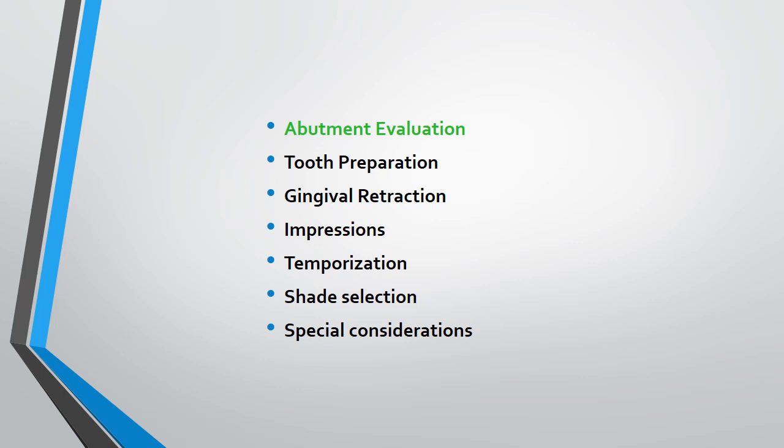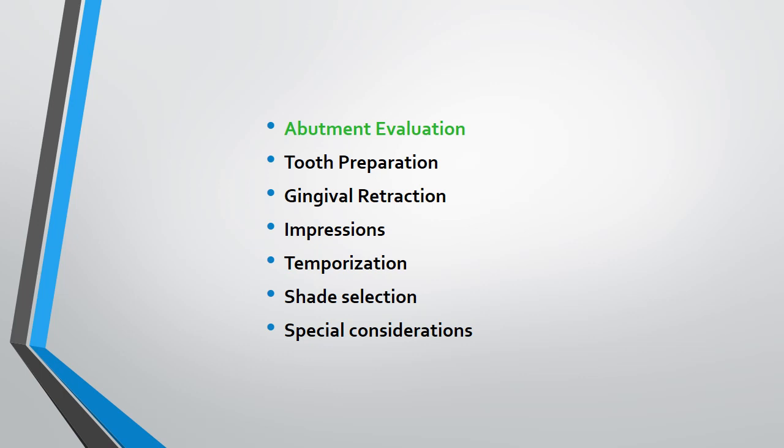Any extracorporeal restoration, that includes either a simple inlay, onlay or crown, or a complex full mouth rehabilitation, needs to follow certain procedures in a sequential manner. That includes the case history. In that, the abutment evaluation plays a major role.